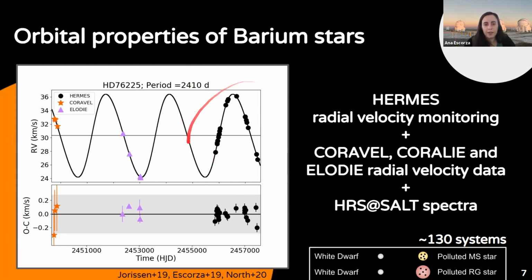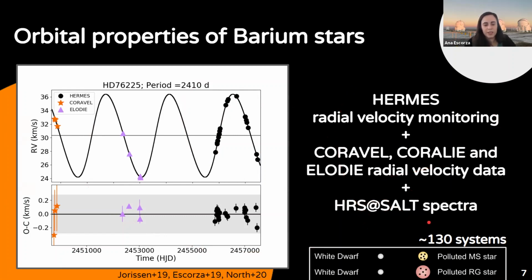So we combine these data with older data from previous monitoring programs for this type of stars, or archival data of other kind, or with SALT spectra when we couldn't reach it with Hermes from South Africa. So for the southern objects.